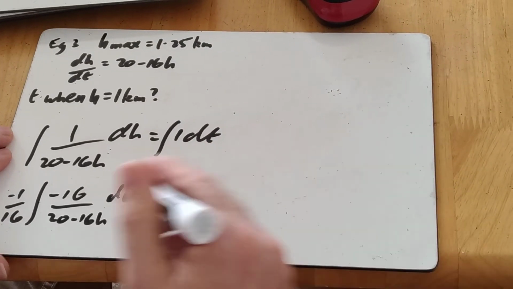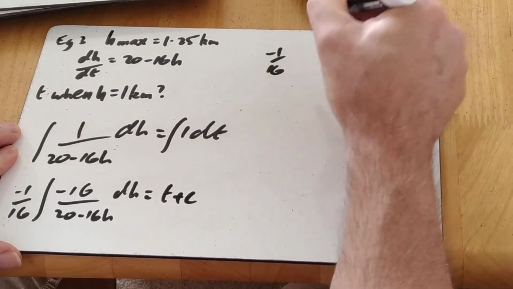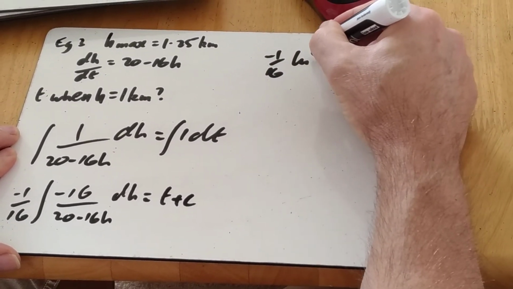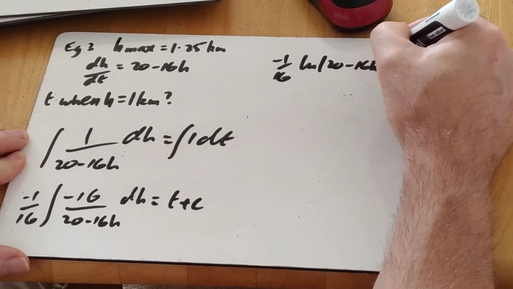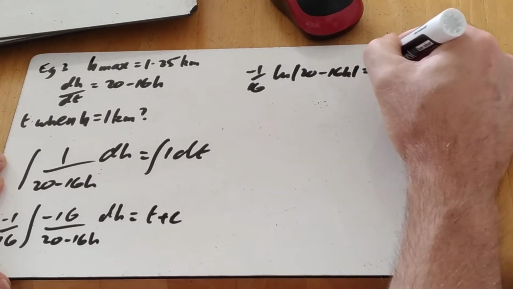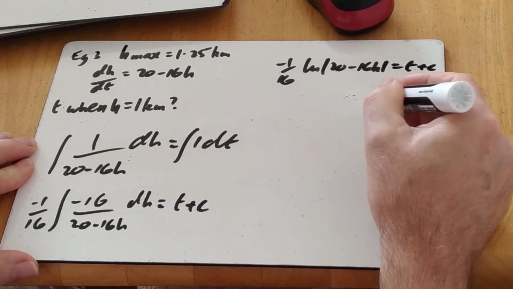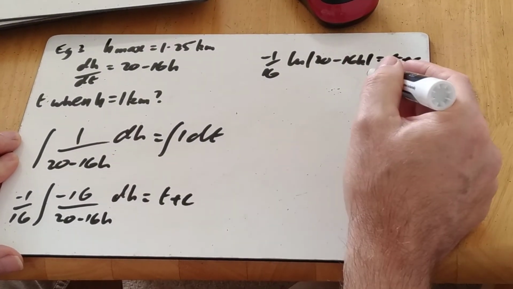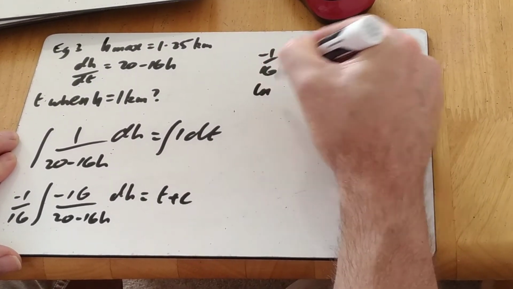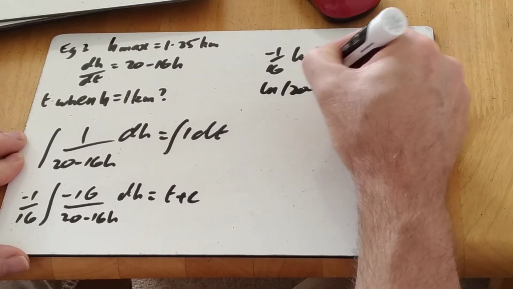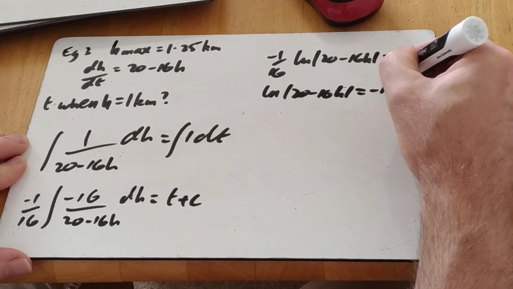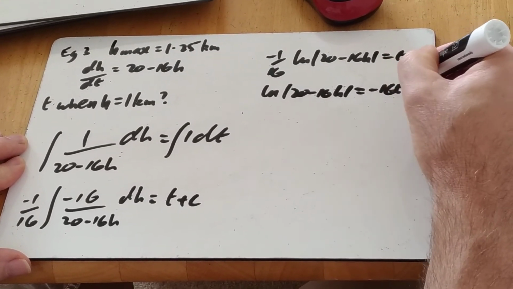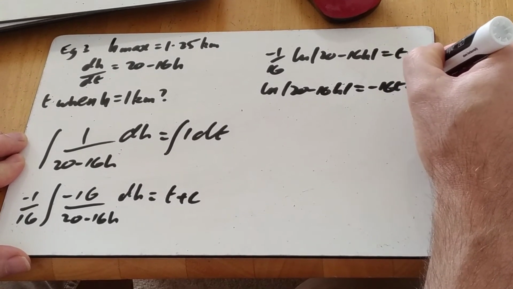So I end up with minus 1 over 16 ln mod 20 minus 16h equals t plus c. I don't think I need the mod, but just in case. And I can times by the minus 16 to get ln 20 minus 16h equals minus 16t, and I'll still call it plus c.